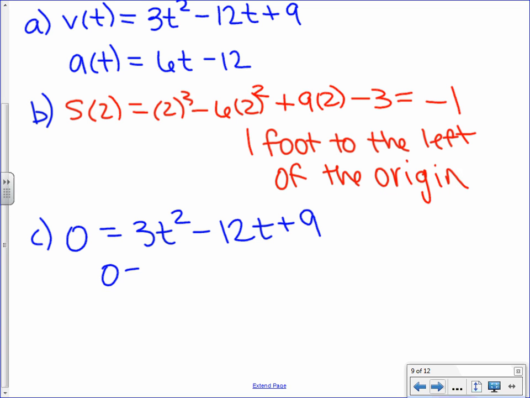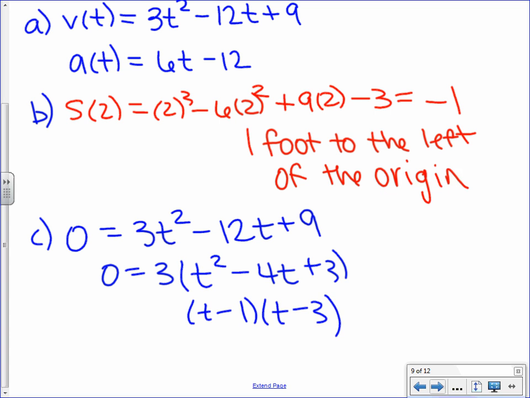We should factor out a 3. So our particle is stopped at t equals 1 second and 3 seconds.